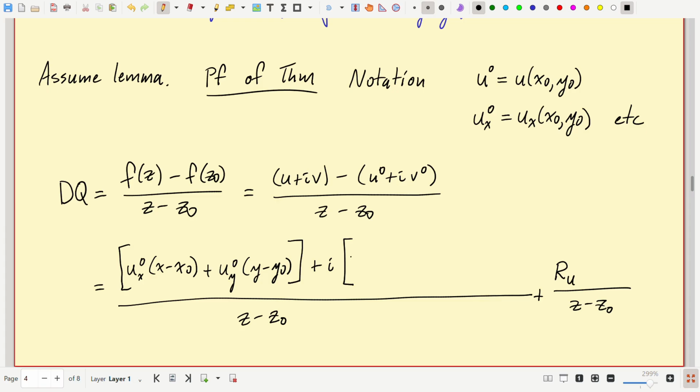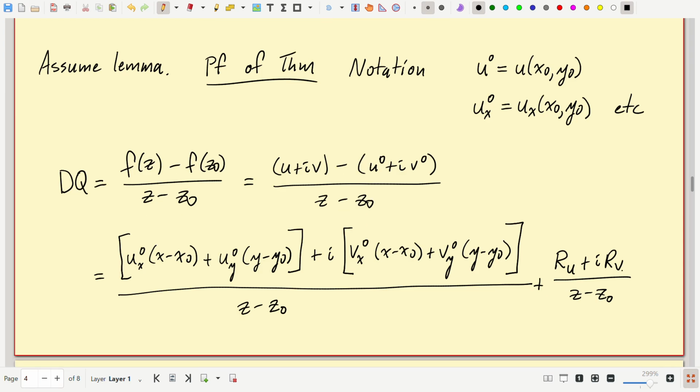That'll be the first order Taylor approximation of the v's, vx naught times x minus x naught plus vy naught times y minus y naught. And the remainder part for the v, I'll call r sub v. Oh God, this is a mess.